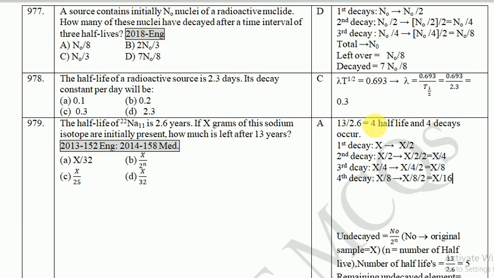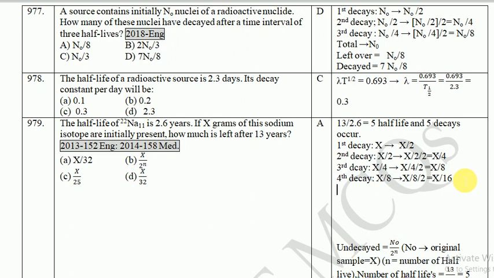There was a little mistake. 13 divided by 2.6 is equal to 5. It means 5 decays take place. So at the fifth decay, X by 16 will be again divided by 2, so X by 16 divided by 2 is equal to X by 32.